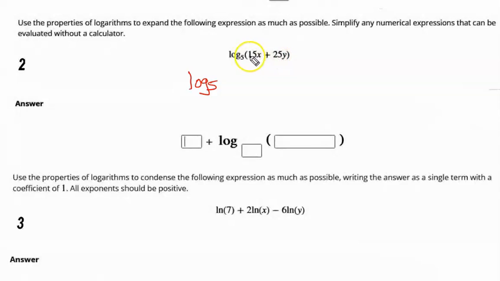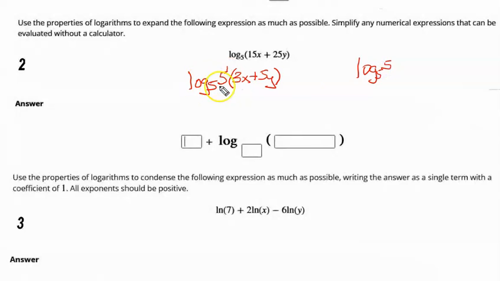Now notice I can actually factor out a 5 from this, and I get 3x plus 5y. And since this isn't a product in here, this is a sum, this is as far as we could go there. But notice this is a 5 to the 1st power, and we have that same configuration.